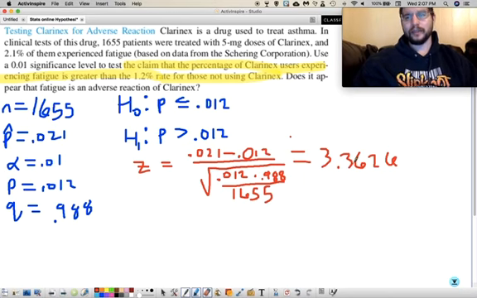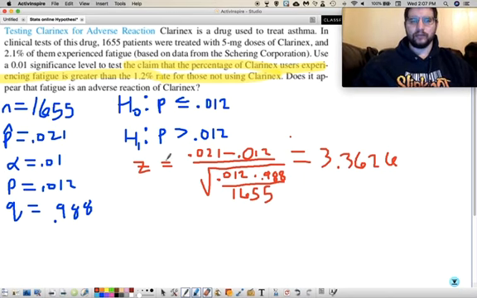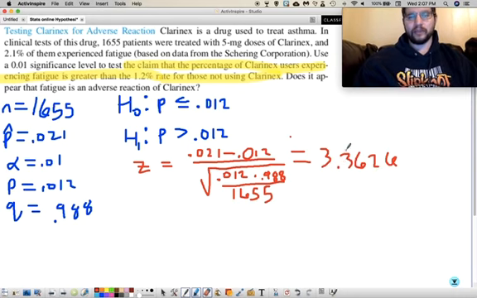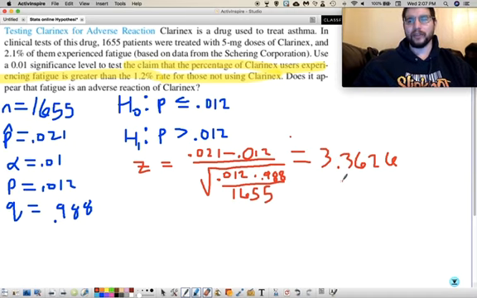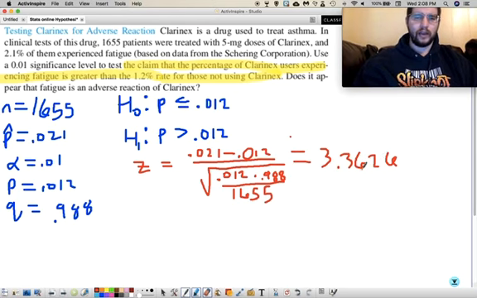So if we remember what our test statistic is, how many standard deviations away from the mean our value is. Looking at that, that's pretty far away. That's an unusual value. I'd probably say that, yeah, it's going to work, but that's why we perform a hypothesis test to be sure.